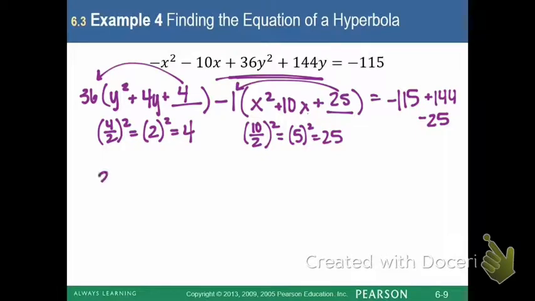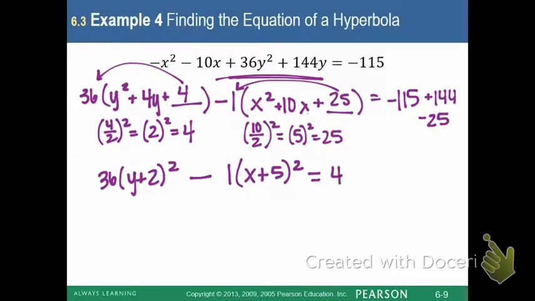Okay, so when I rewrite this, I get 36, and then I have y plus 2 squared minus a 1, and then x plus 5 squared equals, so when you add all this together, you should just get 4. Okay, so my last step here is to divide by 4.